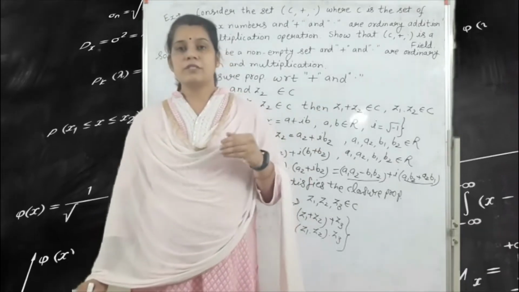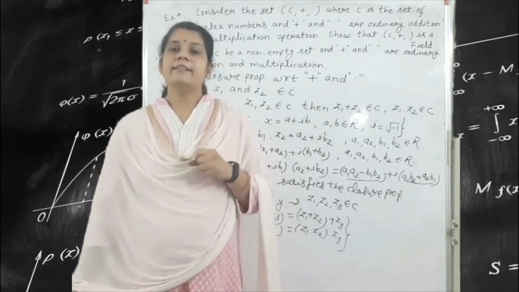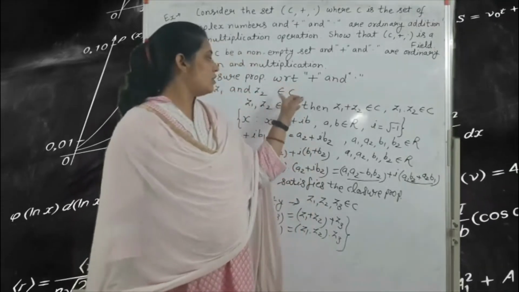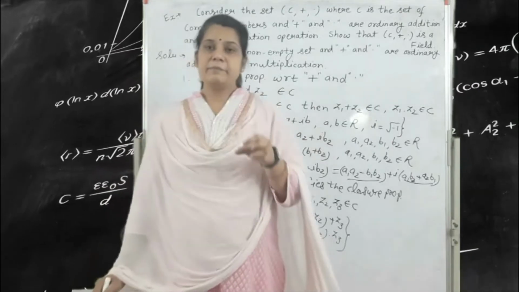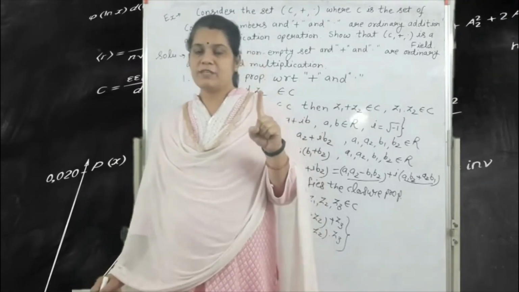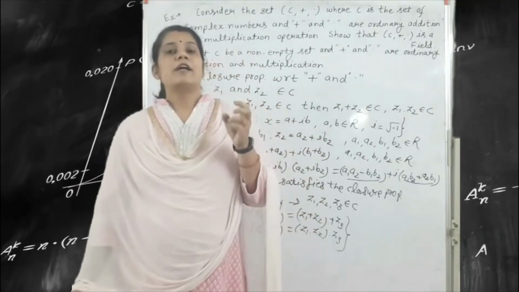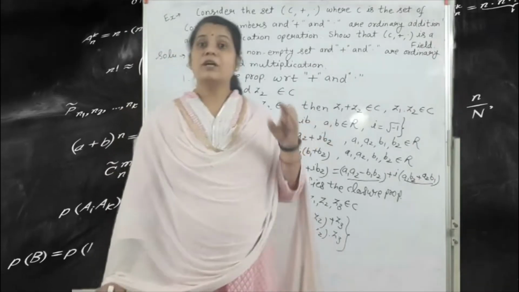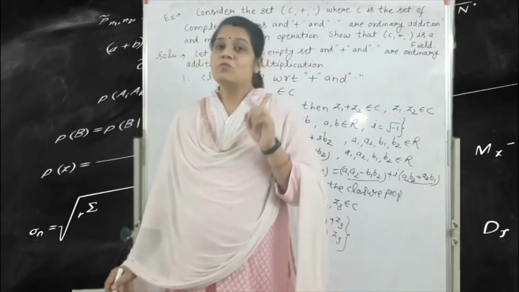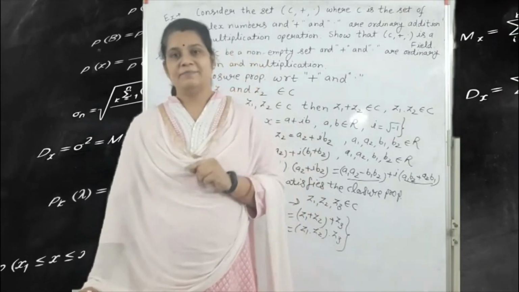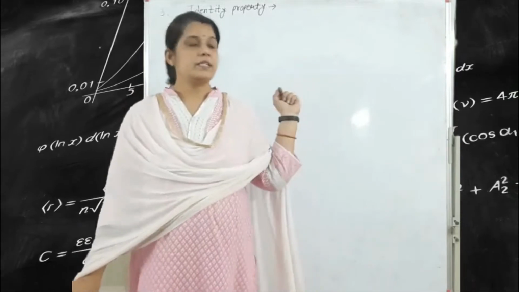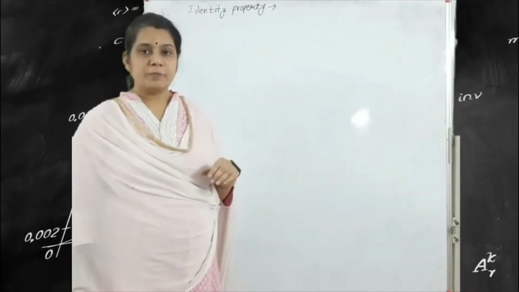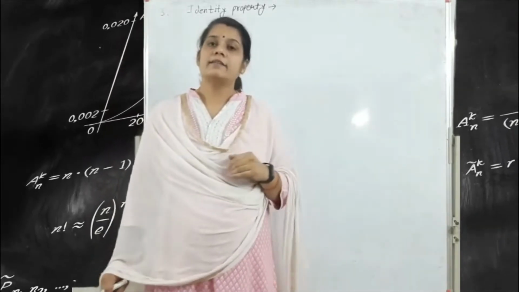So for addition the identity element is 0 + 0i, because the format is a + ib. For multiplication, the identity element is 1, which we already know, and in complex number form it is 1 + 0i. So the third property is the identity property, and we find the identity with respect to addition and multiplication.